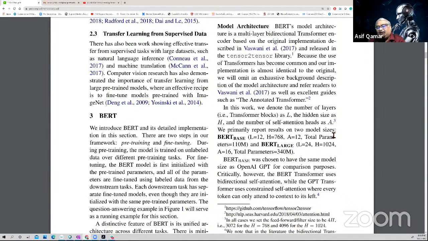And there are 16 attention heads. The end result is that the total parameters you get is 340 million. And now we are talking about models like GPT-3, which are apparently so big you can't even have them on your machine. So these models have become ginormous.